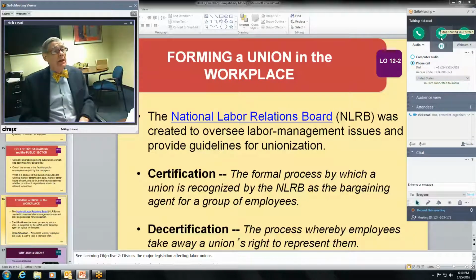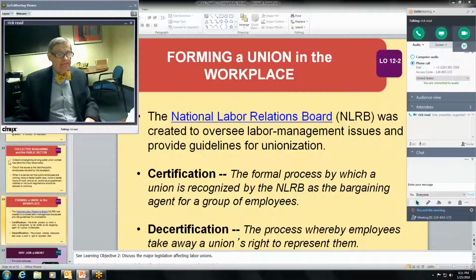And if the union side gets 50% plus one vote, then the union is certified. Conversely, in the decertification process, a number of people said we don't want the union anymore. The same type of election is held, and if the non-union people get 50% plus one, then the union is decertified. That simply means the union no longer represents the workers. The National Labor Relations Board will conduct the election either way.